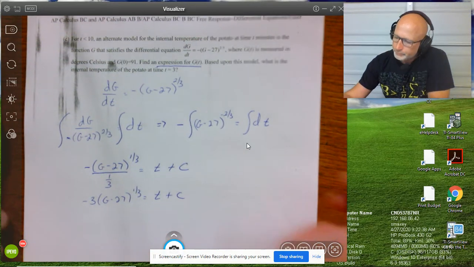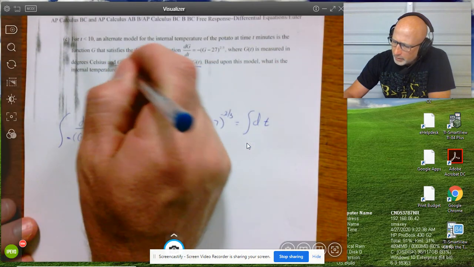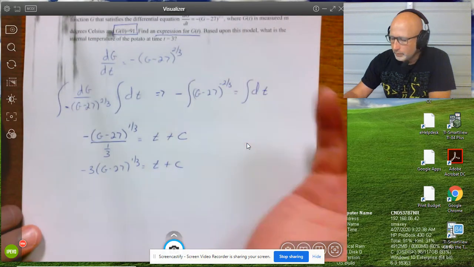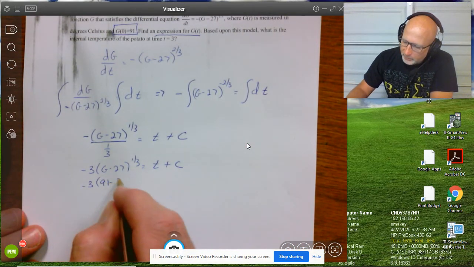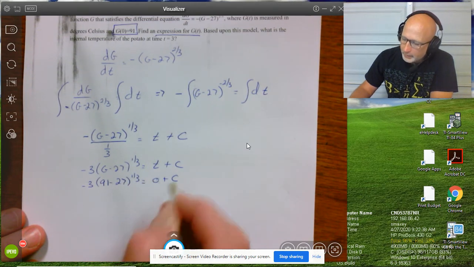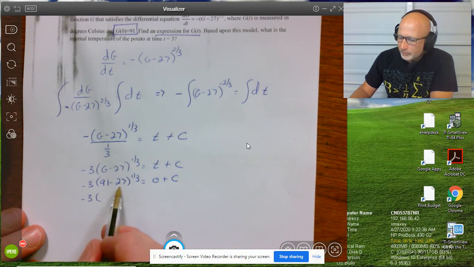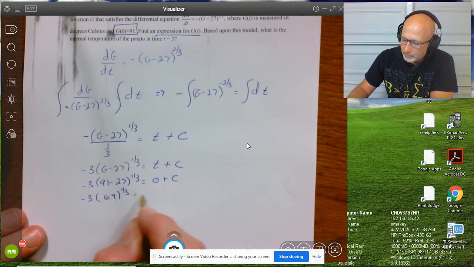Now, how in the world do I figure out what c is? You do have this initial condition right here. When t is equal to 0, g is 91, so go ahead and plug it in. I have negative 3 times (91 minus 27) to the 1/3 power is equal to 0 plus c. So 91 minus 27 gives me 64 to the 1/3 power.